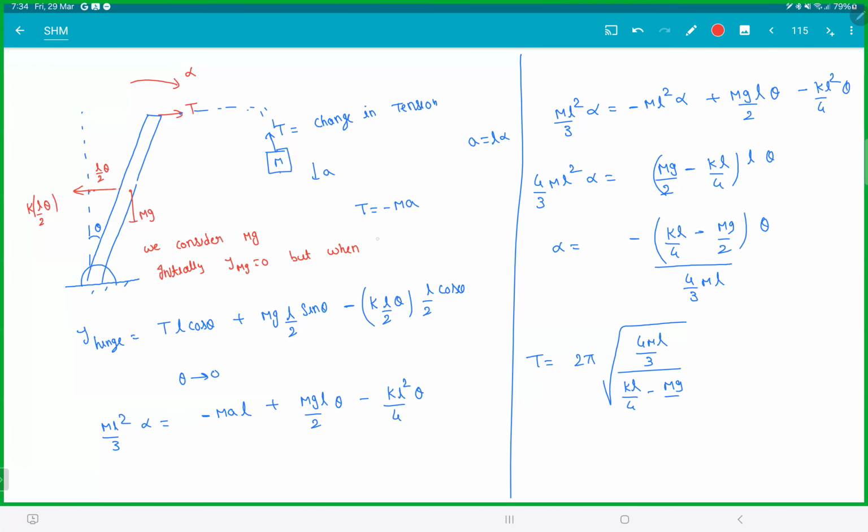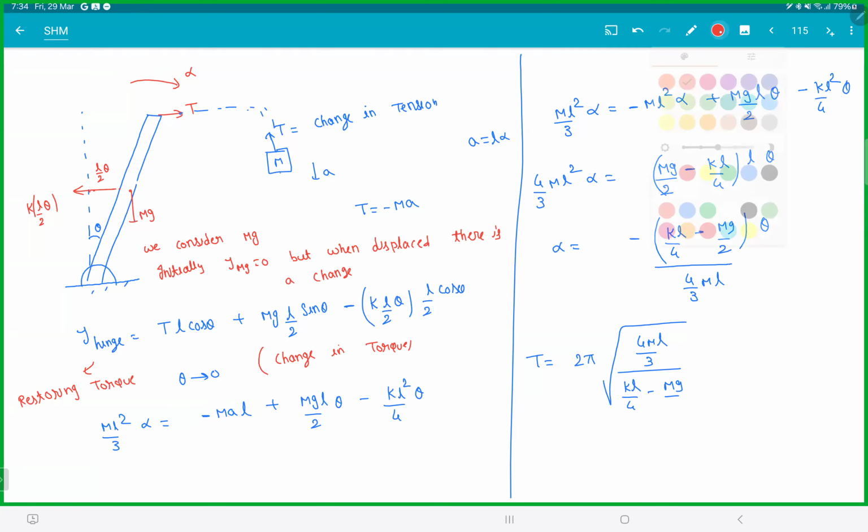So there is a change. If you see all these terms, they are changes in torques. This guy is the restoring torque. Clear?